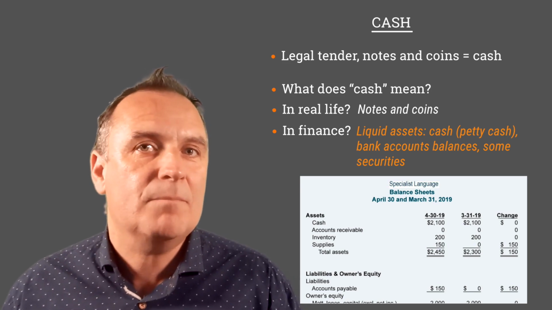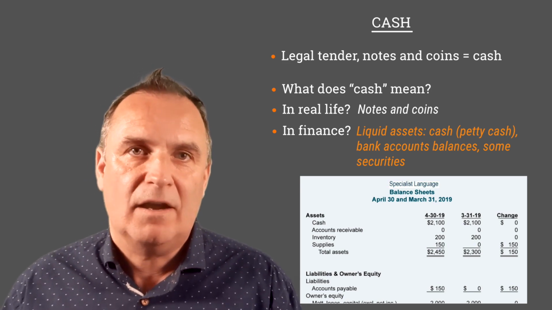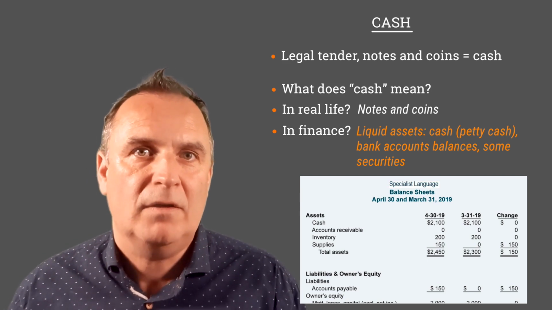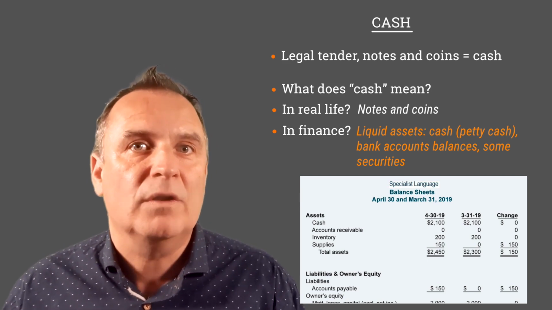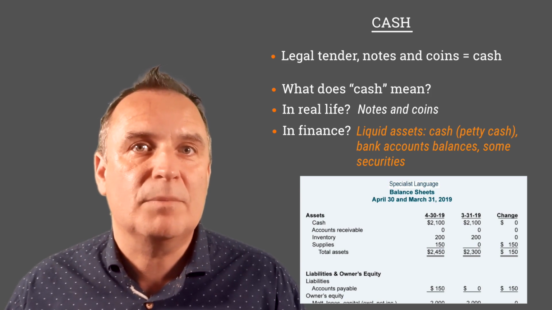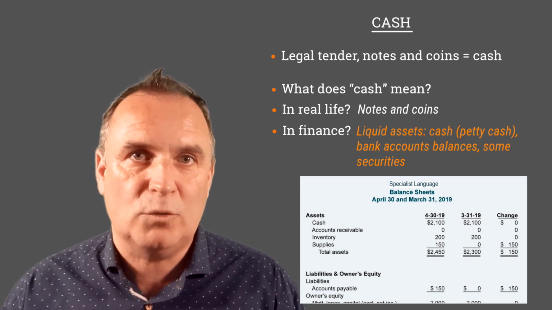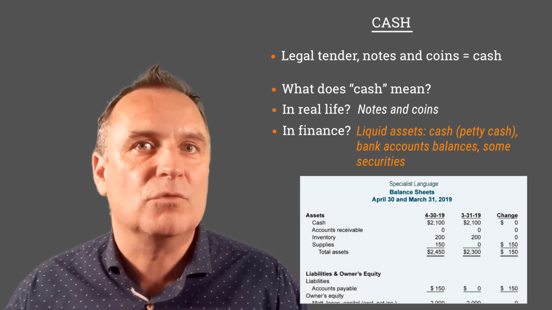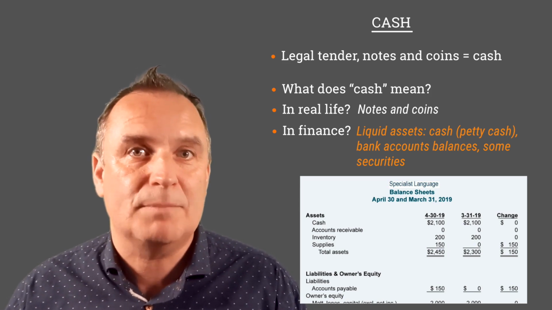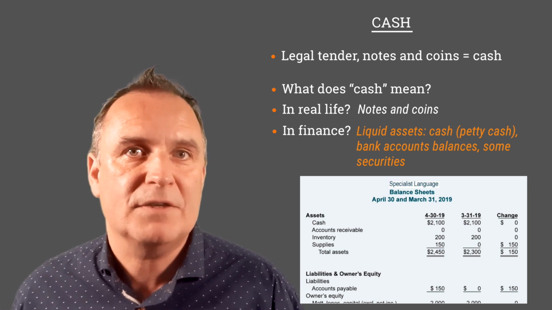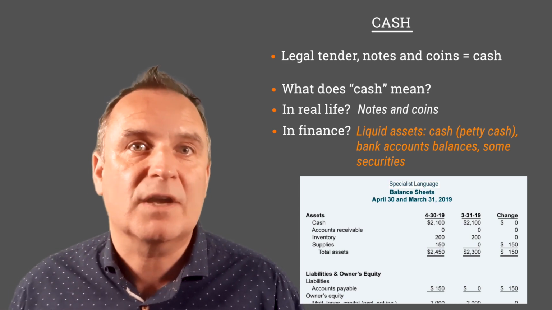And then there might be some other assets, some stocks and shares, some other paper, some other things that they own that are very liquid, that can be quickly turned into cash or can be quickly converted to raise your bank account balance. And then these also we could include in the definition of cash in terms of a company.